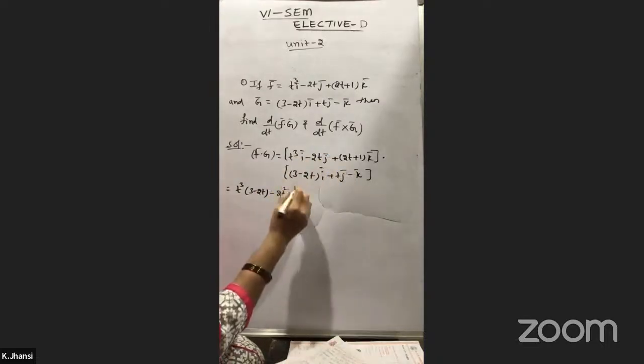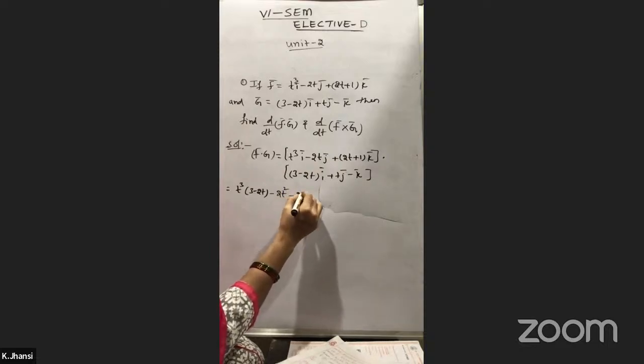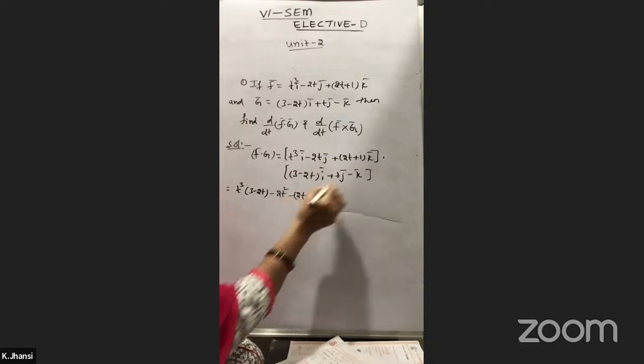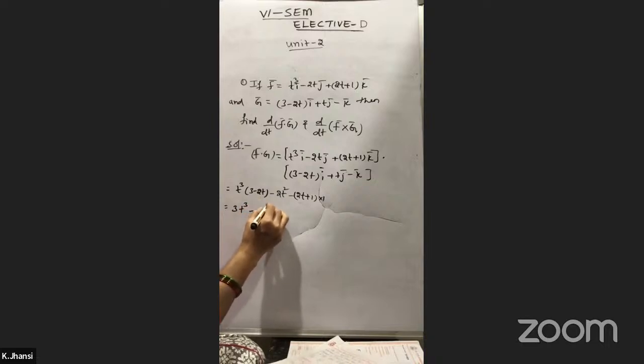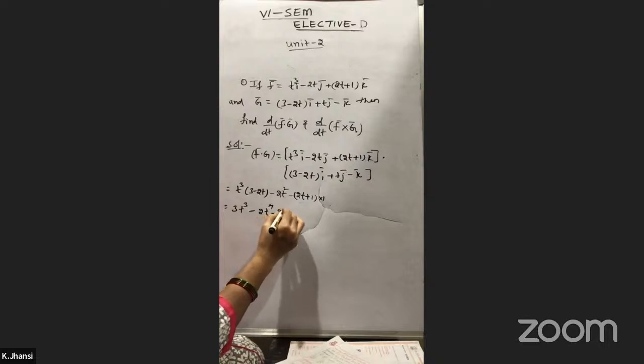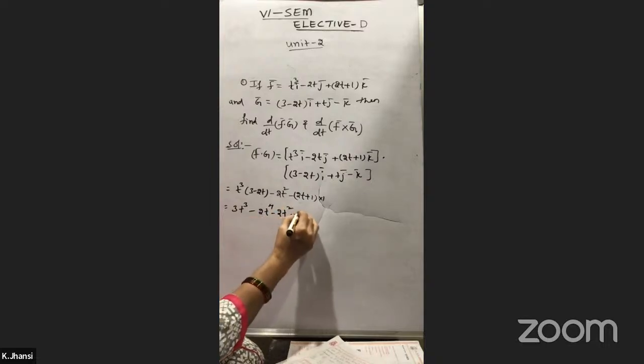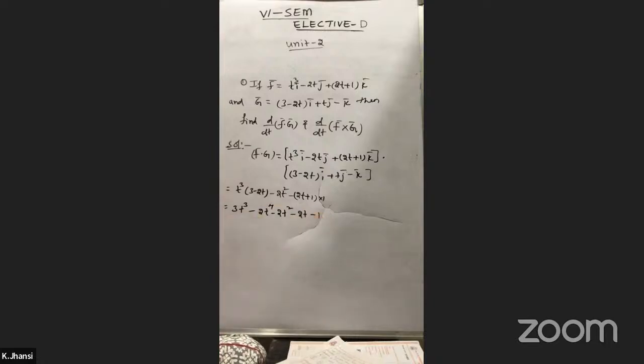So here plus into minus 2t plus 1 into, here 1 is there, into 1. Okay. So it is equals to multiplying this: 3t cube minus 2 into t to the power of 4. Okay. Minus 2t square minus 2t minus 1. Okay.